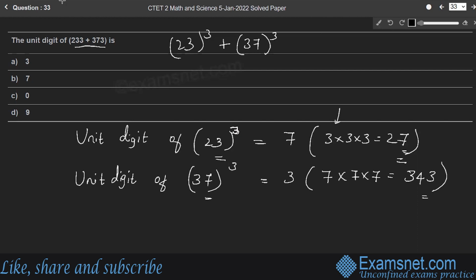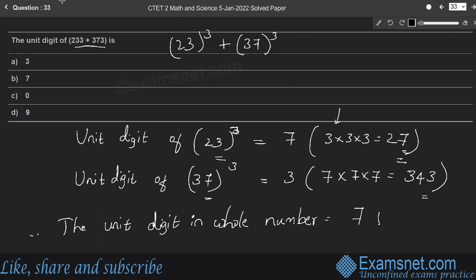So therefore, the unit digit in the whole number: in the first number, it ends with 7, in the second number, it ends with 3, so the unit digit in the whole number ends with 0. Hence, option C is the right answer.